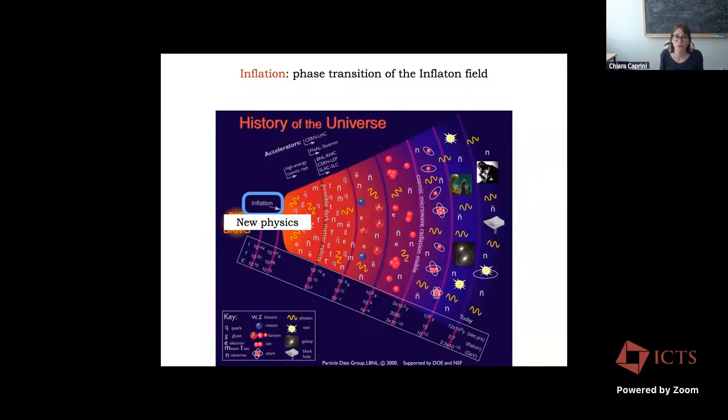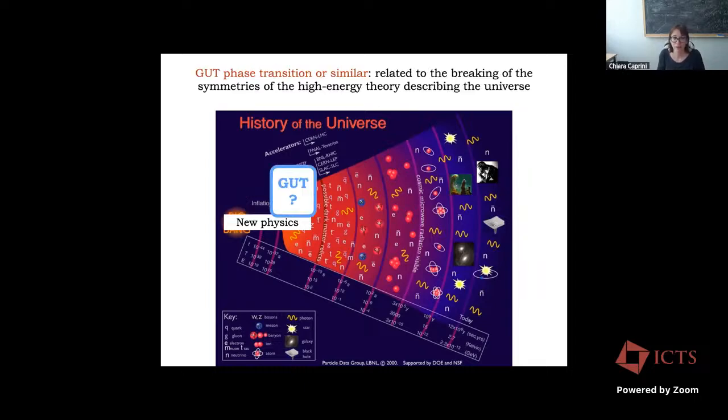The first one, of course, is inflation, which can also be seen as a phase transition in the sense that the inflaton field goes from a state of vacuum energy domination to a state in which it relaxes into a minimum.